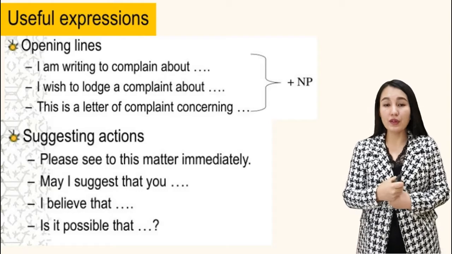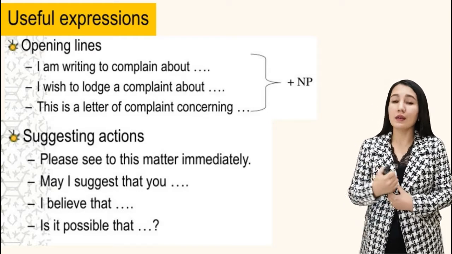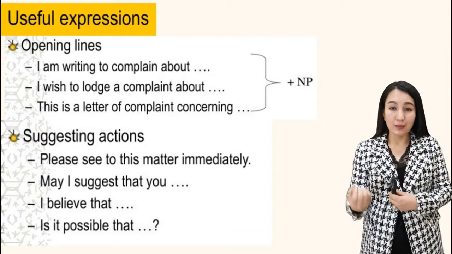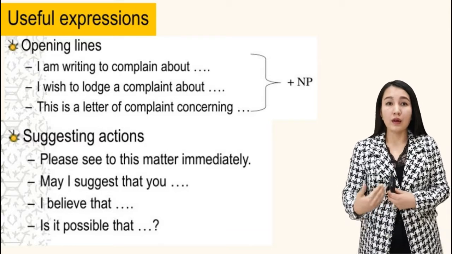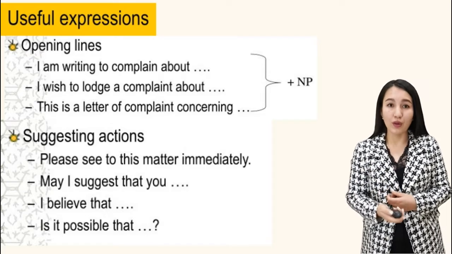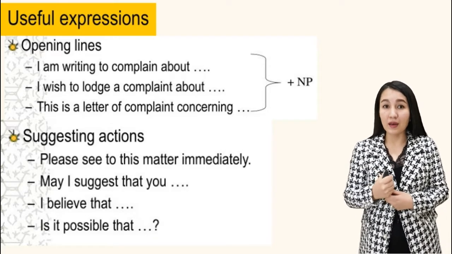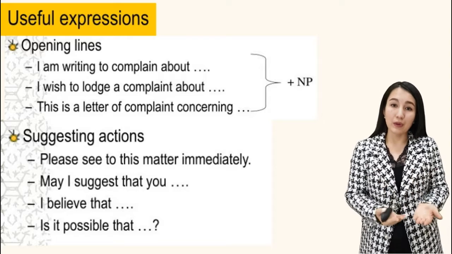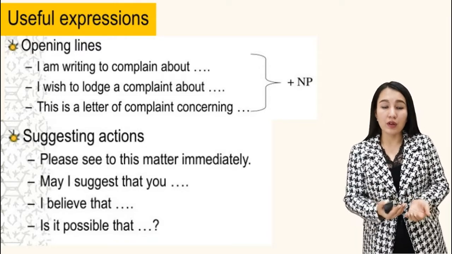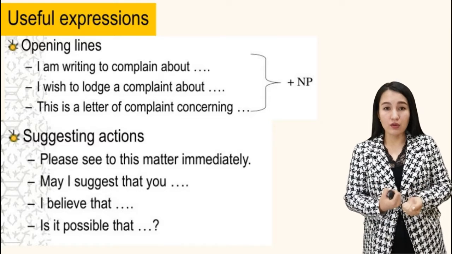On the screen you can also see some useful expressions when you write a complaint letter. You can use them in opening lines and suggesting actions. In opening lines, for example, I am writing to complain about a faulty computer that I bought in your store.